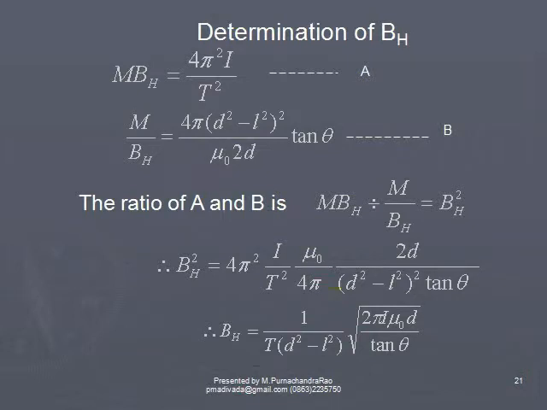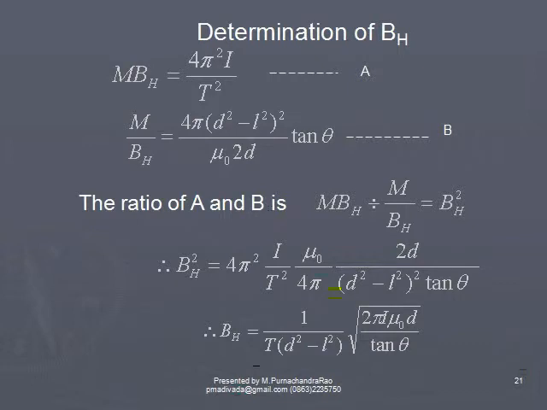Therefore, M square is equal to 4 pi square I by T square into 4 pi by mu naught into d square minus L square whole square by 2d into tan theta.